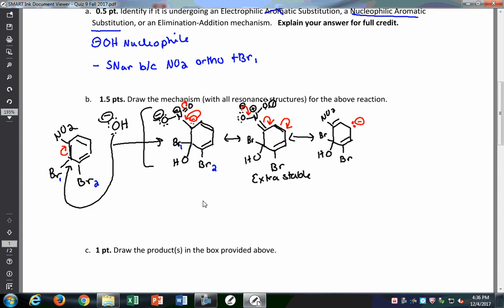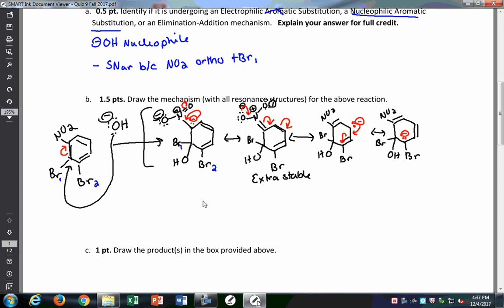Then we can push the electrons again. So now it's here.